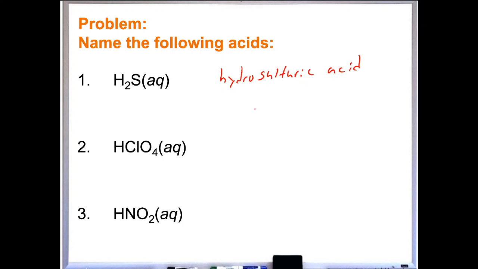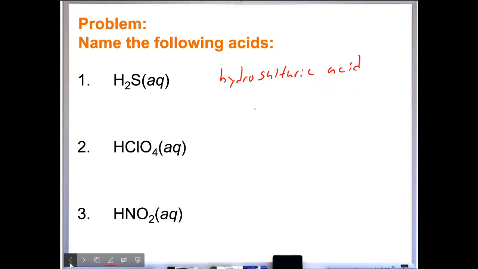Okay, the next one, I see it's an oxyacid. So I want to start out by figuring out what polyatomic ion I have. So go back to my polyatomics real quick.